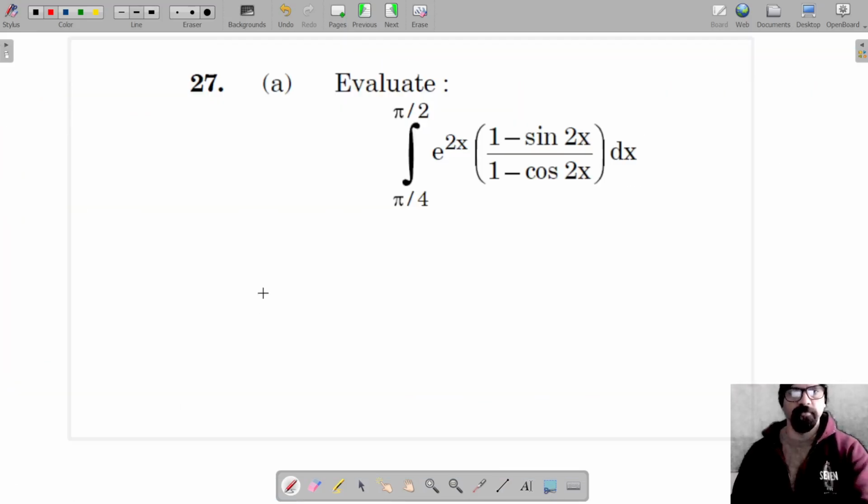Okay, for question number 27, part A, we have to evaluate this definite integral. Let's say this is our integral I. So we are going to make the substitution for this 2x.